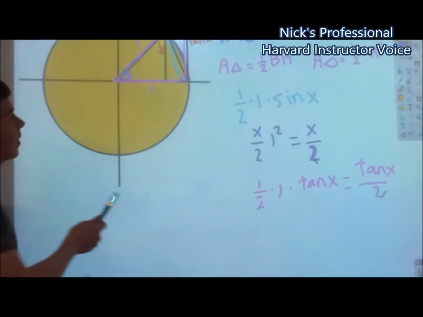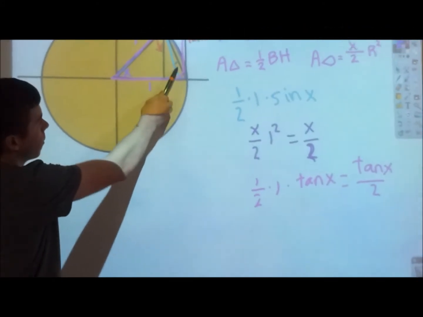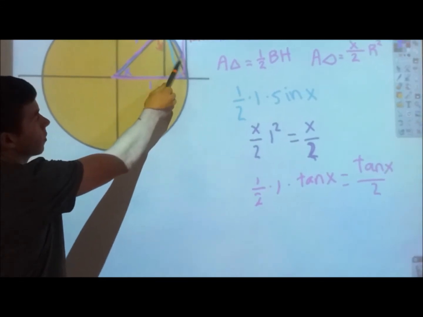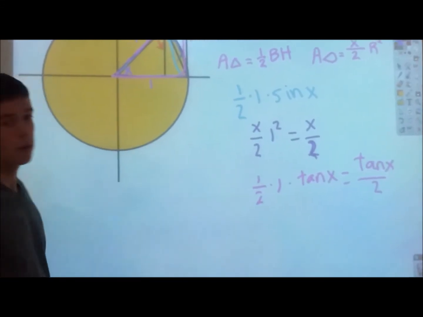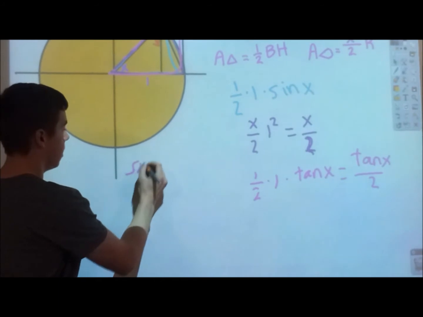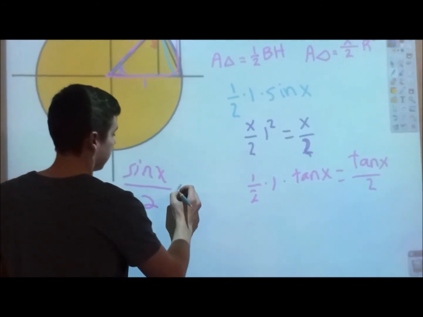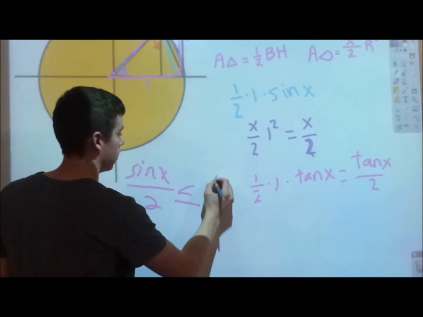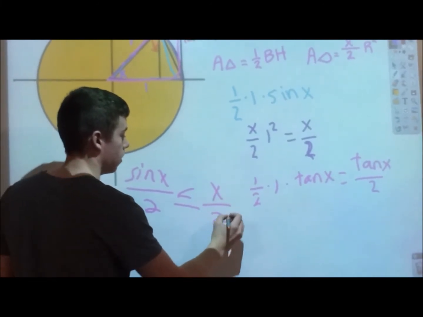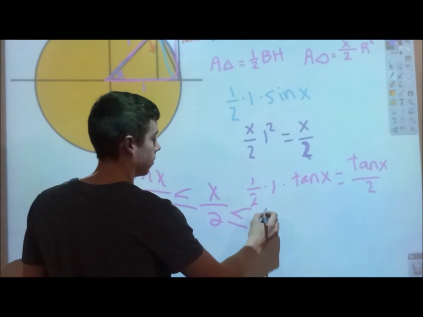As we can see from the diagram, this first triangle is smaller than the area of the sector, and the area of the sector is smaller than the area of the large triangle. So we can set sine x over 2 is less than or equal to x over 2, which is less than or equal to tan x over 2.